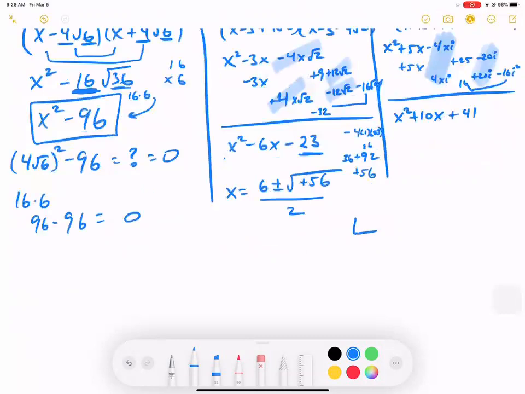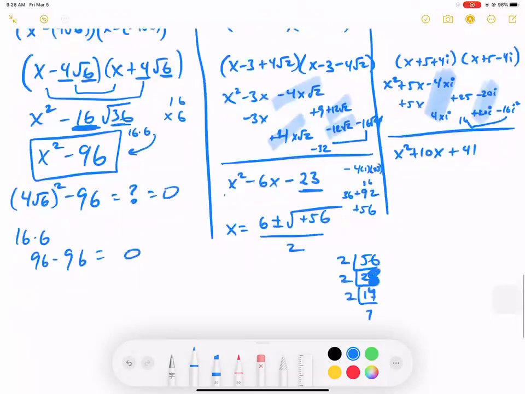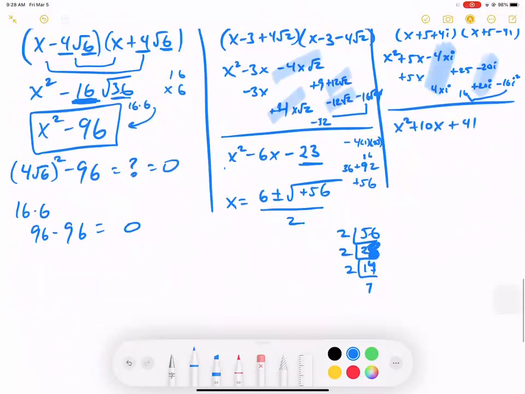Square root of 56, I don't know what that is. 56 is 2 times 28. 28, 2 times 14, and then 2 times 7. What? Messed up someplace. Let me check that again.